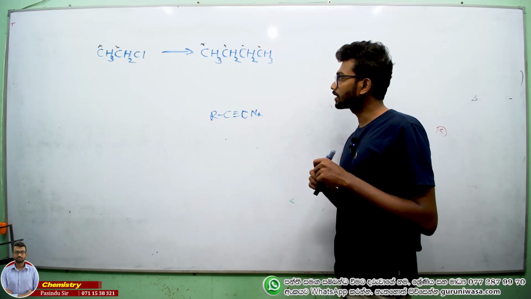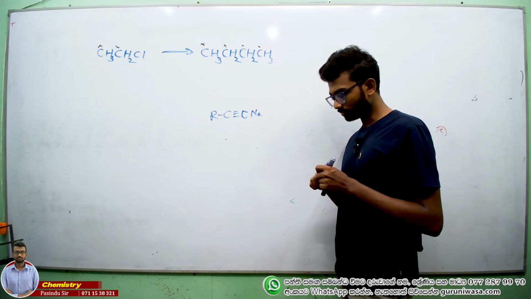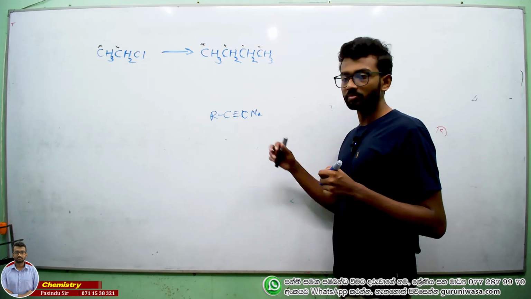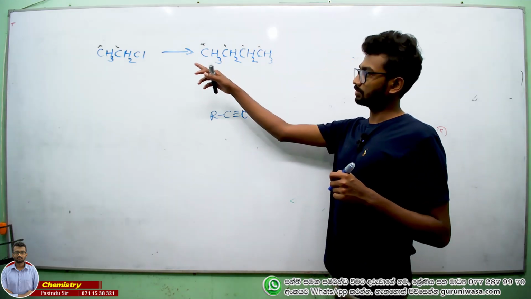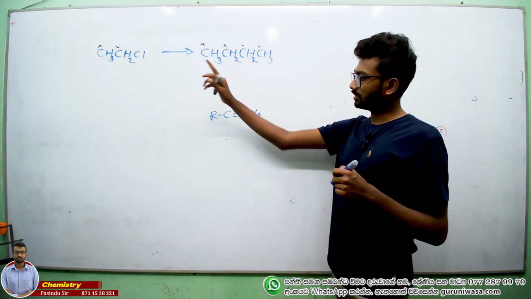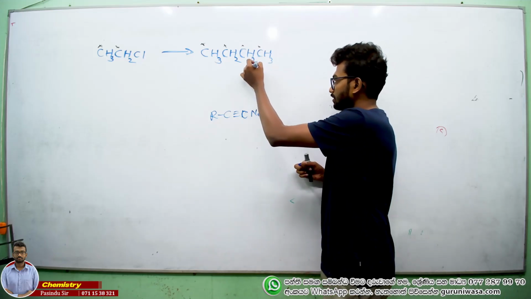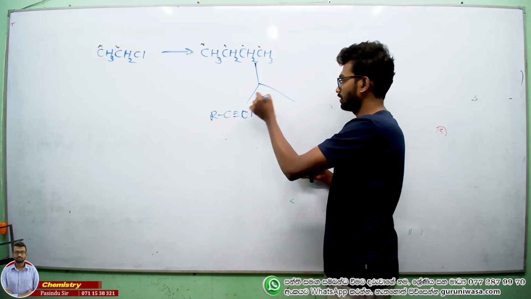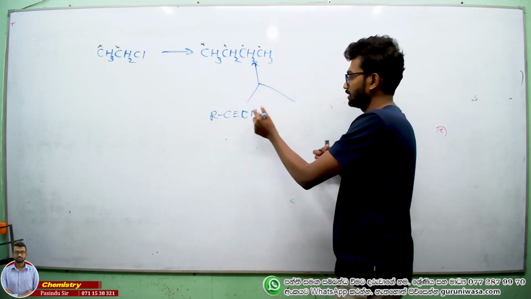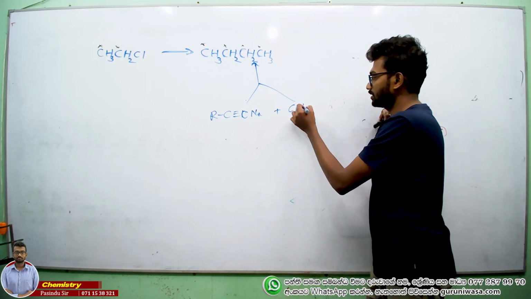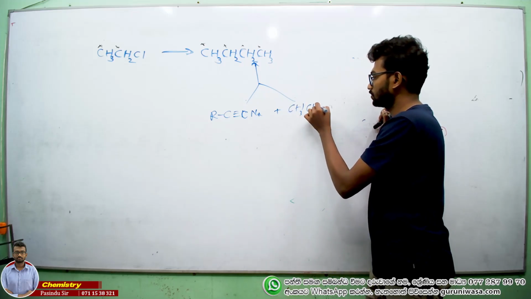In this kind of case, we need a triple bond, so we have to convert this one into here. The final one would be this one and CH3 CH2 Cl.